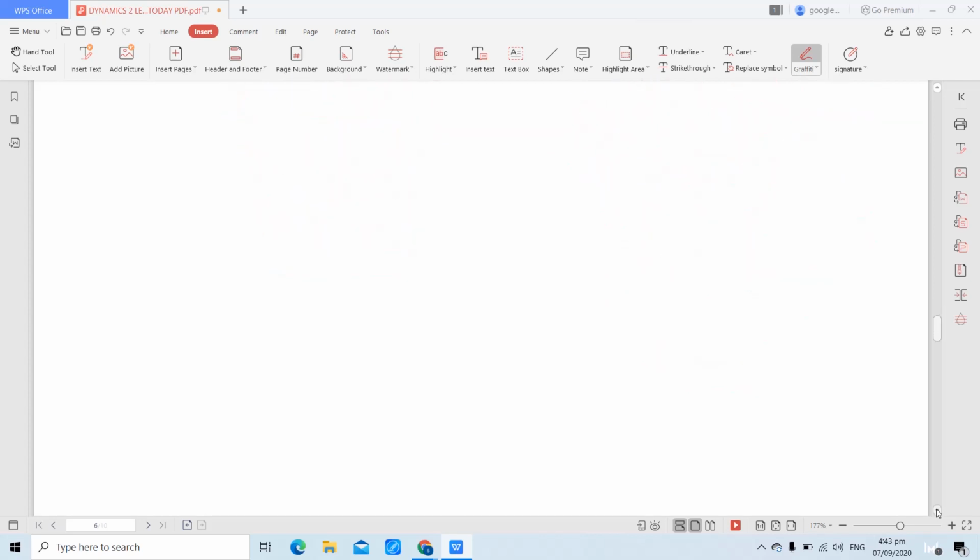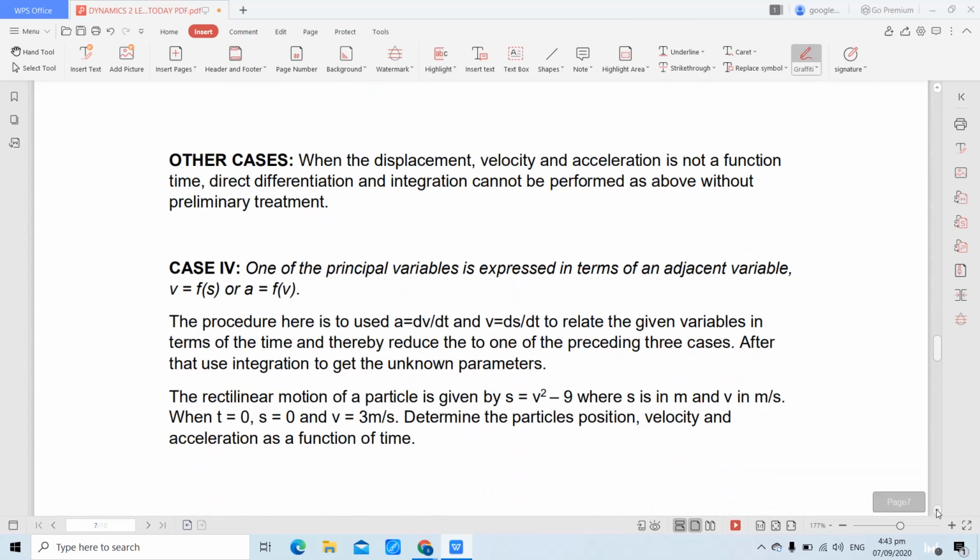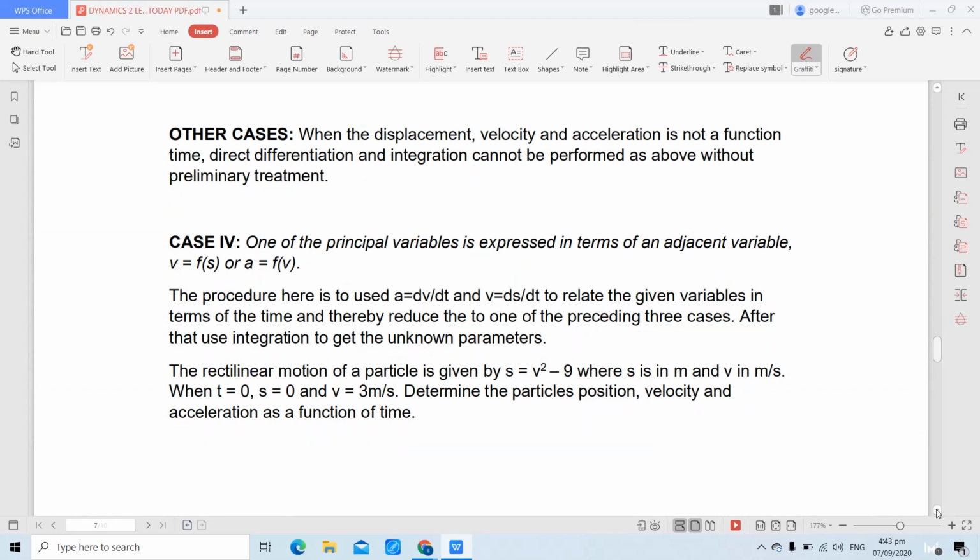Okay. Let's proceed to other cases. So, other cases, when the displacement, velocity, and acceleration is not a function of time. So, direct differentiation and integration cannot be performed as above without preliminary treatment. Okay, so that is case number 4 and case number 5. Kapag hindi daw naka-express yung displacement, velocity, and acceleration in terms of time.